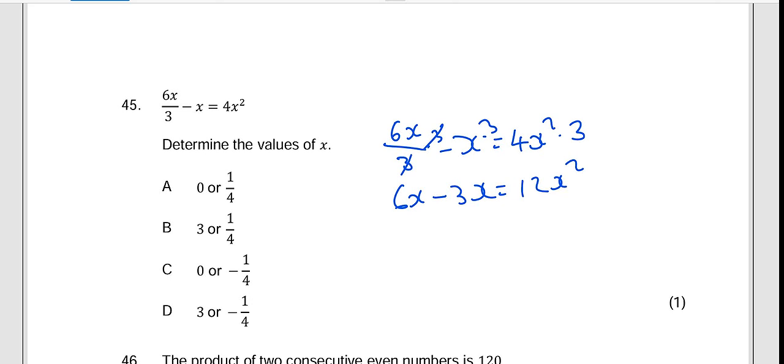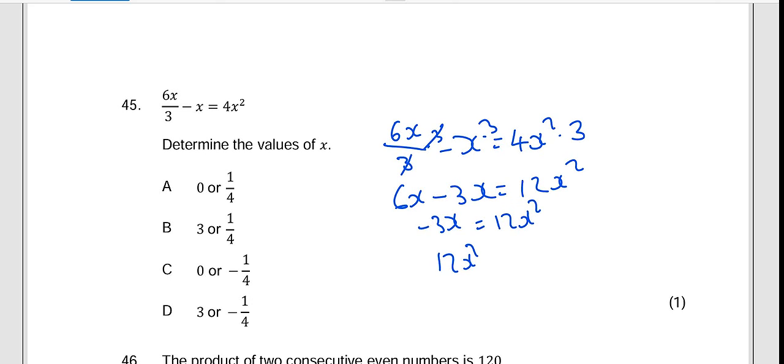One thing I'm going to do now, these are like terms. 6x minus 3x is going to give me 3x equals 12x squared. I will take this to the other side.